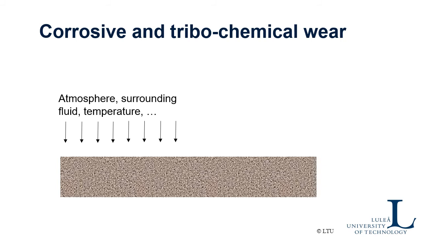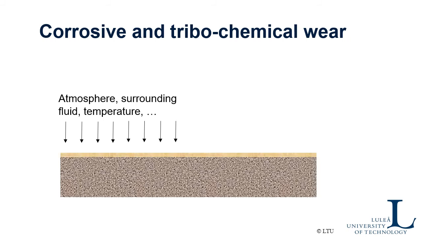If you have, for example, very high temperature, many processes take place at 500 or even 1000 degrees Celsius, and that increases the oxidation of the surfaces, and you form layers.